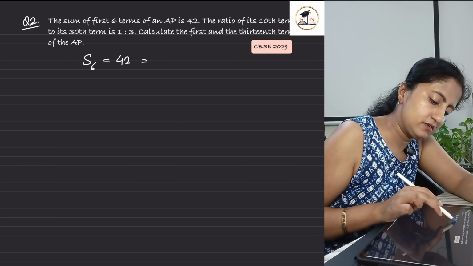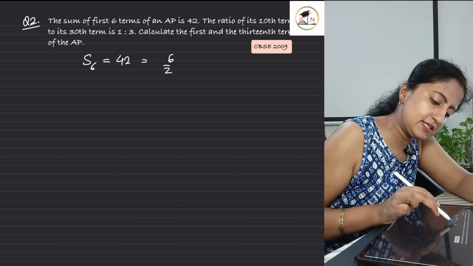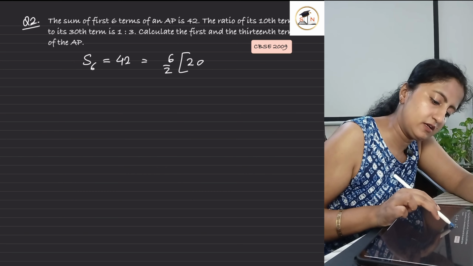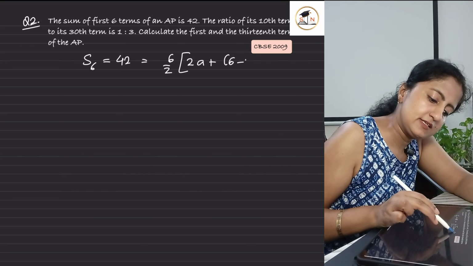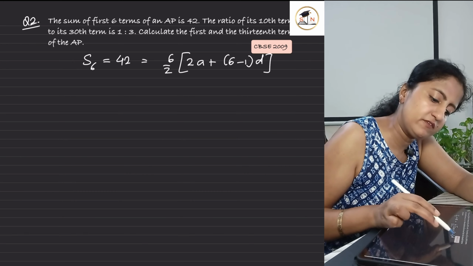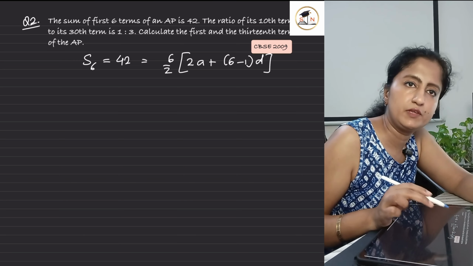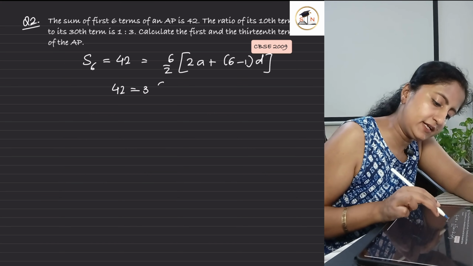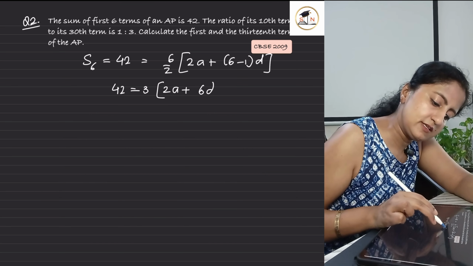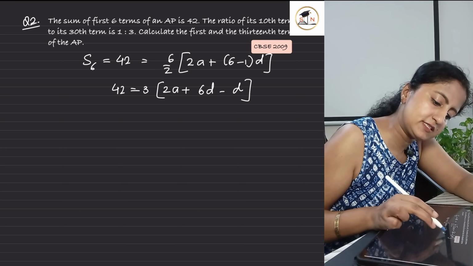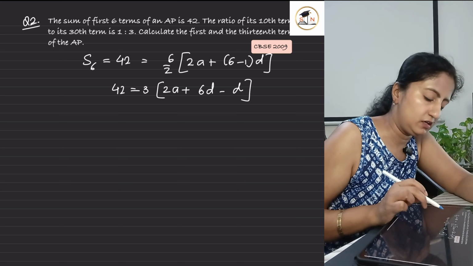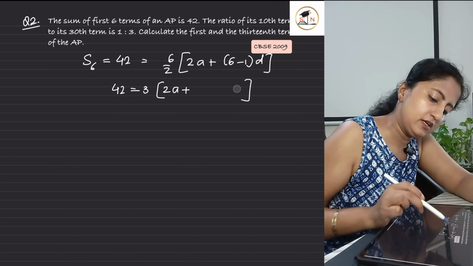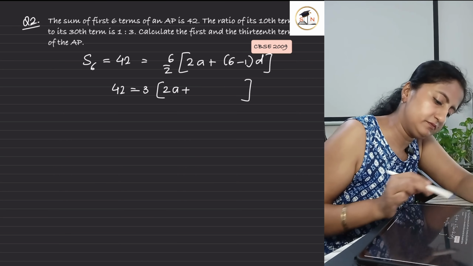So let's start. This becomes 6/2 bracket 2a plus 6 minus 1 times d. We do not know a, we do not know d. 42 equals 3 times 2a plus 6d minus d. I should be writing 5d over here, right?